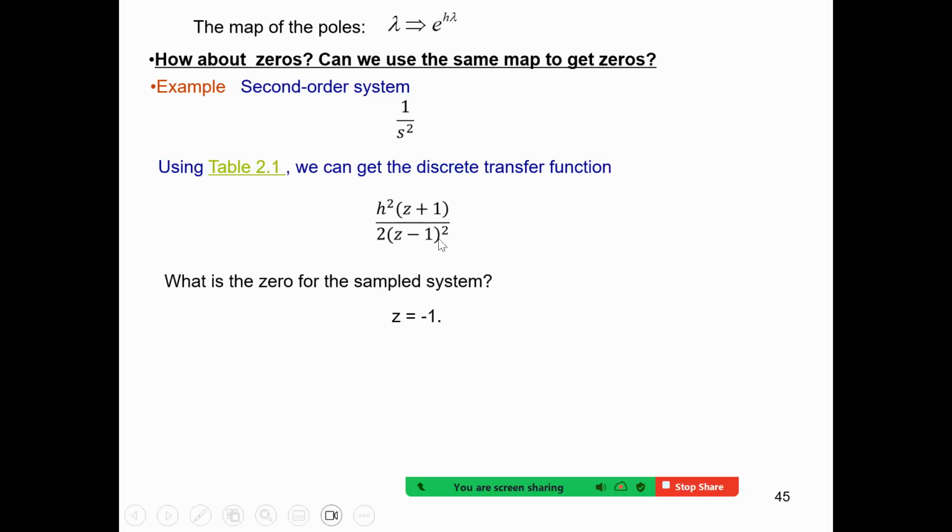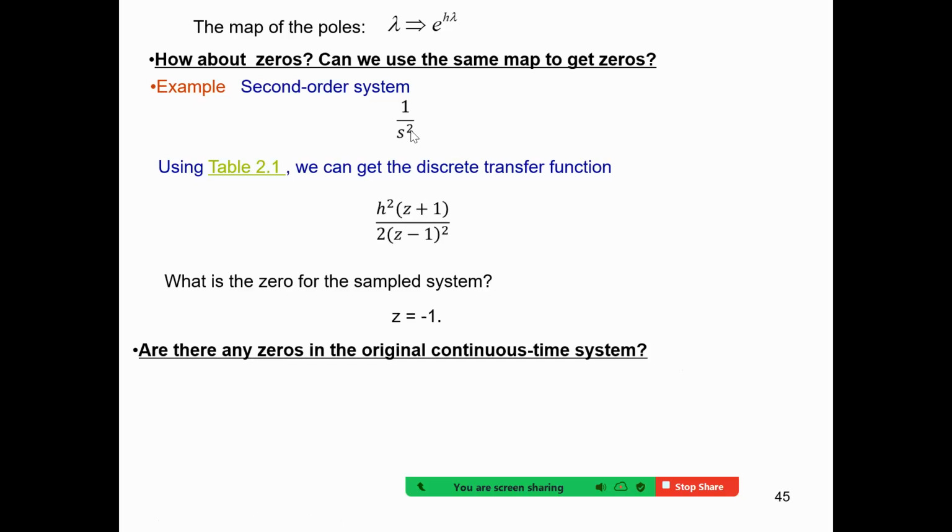Z equals minus 1. We have one zero. Then, what's the zero for the original integrator? Can you get any zero? There is no zero. There is no value that can make it zero unless s goes to infinity. That's a very special case. We don't consider that. So there is no zero in the original second order system.